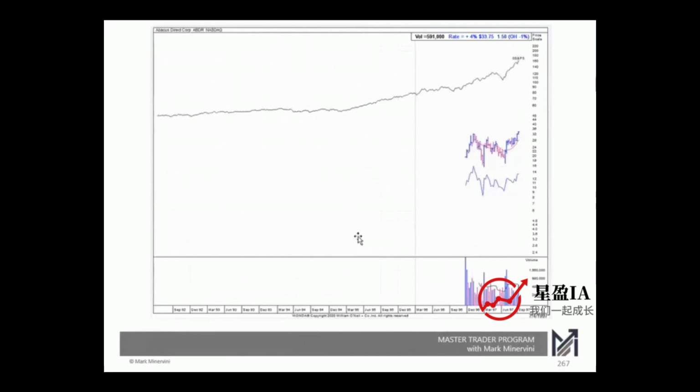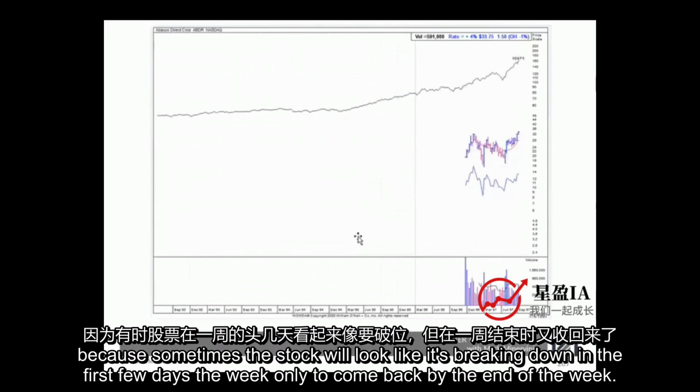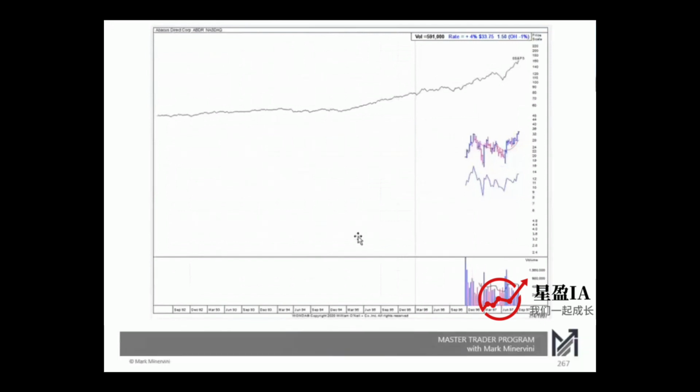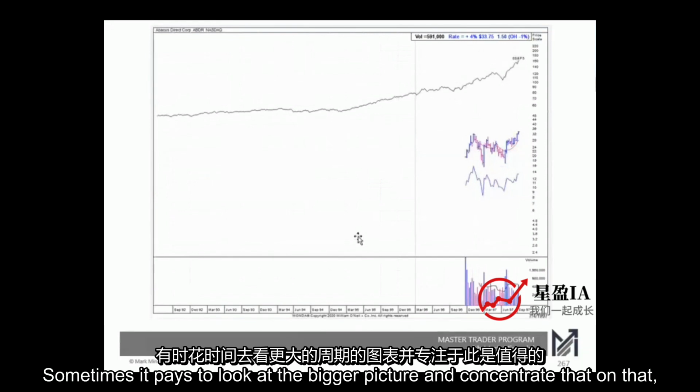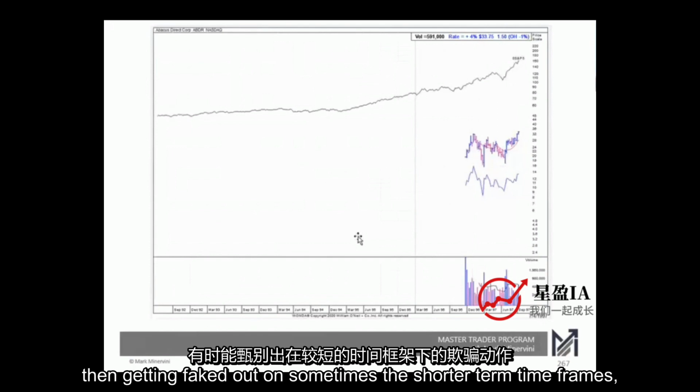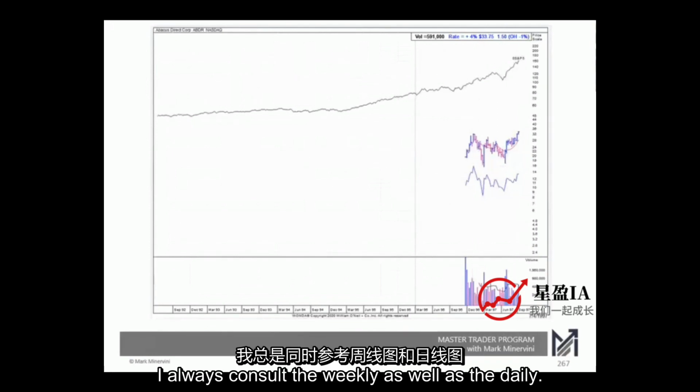Sometimes the stock will look like it's breaking down in the first few days of the week, only to come back by the end of the week. And so sometimes it pays to look at the bigger picture and concentrate on that than getting faked out on the shorter term time frames. Yeah. I always consult the weekly as well as the daily.